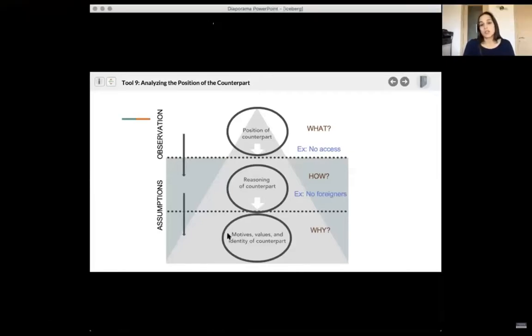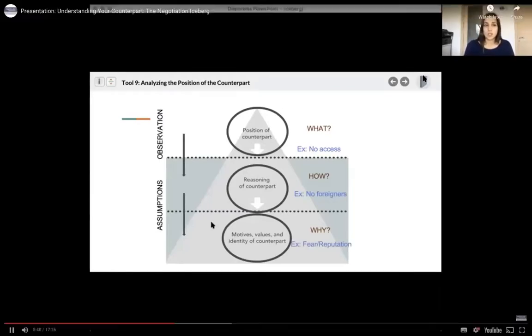Questions of motives and values usually revolve around issues of power, sovereignty, and control. In our example, the commander may have to assert his power to the population, or he may be driven by fear, fear of losing his reputation, fear of what a foreign organization may actually witness in the territory.